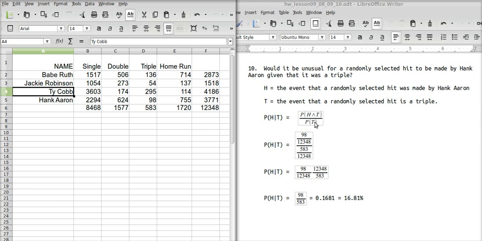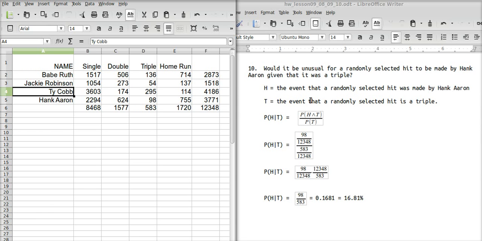So we would look at the probability of H and T divided by the probability of T, by the same conditional probability formula. And so the probability of H and T, that would be that a randomly selected hit was a triple by Hank Aaron. So looking in the table, right, Hank Aaron hit 98 triples. So I can find that probability by doing 98, the number of triples hit by Hank Aaron, and dividing by the grand total, 12,348.